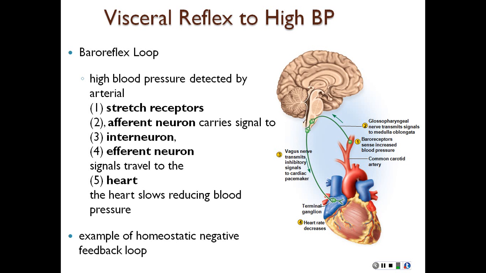Okay, so once those baroreceptors are activated by being overstretched, they send a signal to some part of the brain by way of what type of neuron? Afferent neuron. So you have the receptor, afferent neuron, sensory neuron, right?